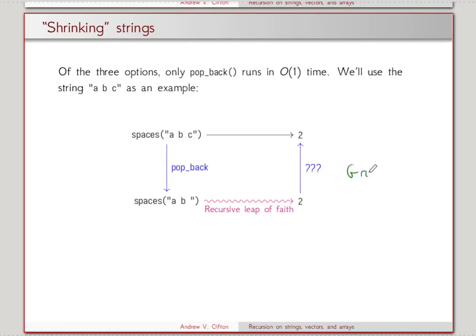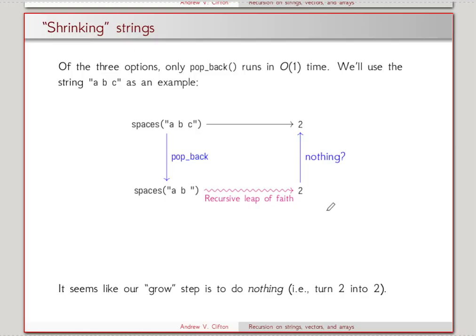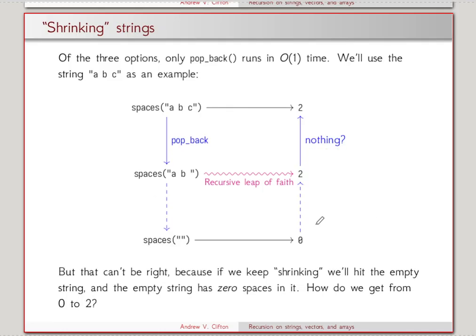What do I need to do in the grow step to turn the answer to the smaller problem into the answer to the original problem? And it kind of looks like the answer is nothing, right? What do I have to do to turn a 2 into a 2? Well, nothing. But that can't be right, because we're eventually going to get down to our base case, which is the empty string, and how many spaces are in the empty string? The answer is 0.